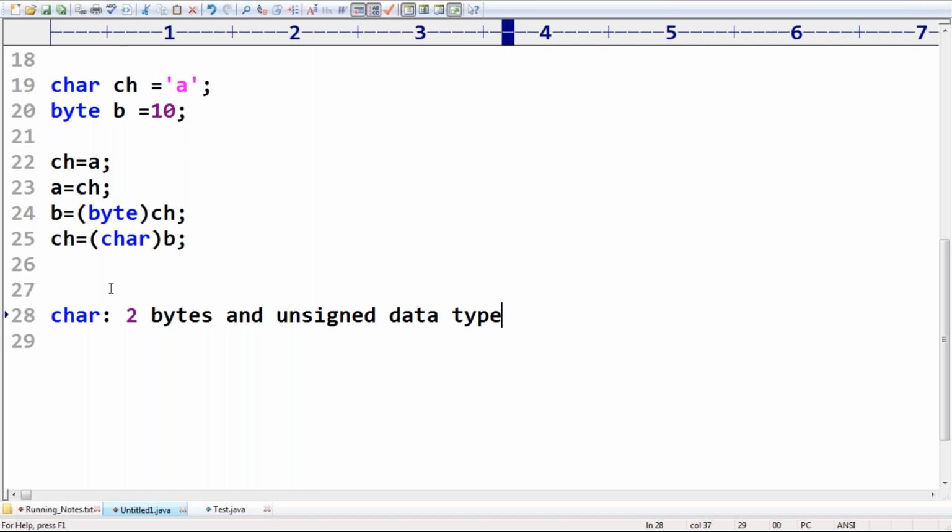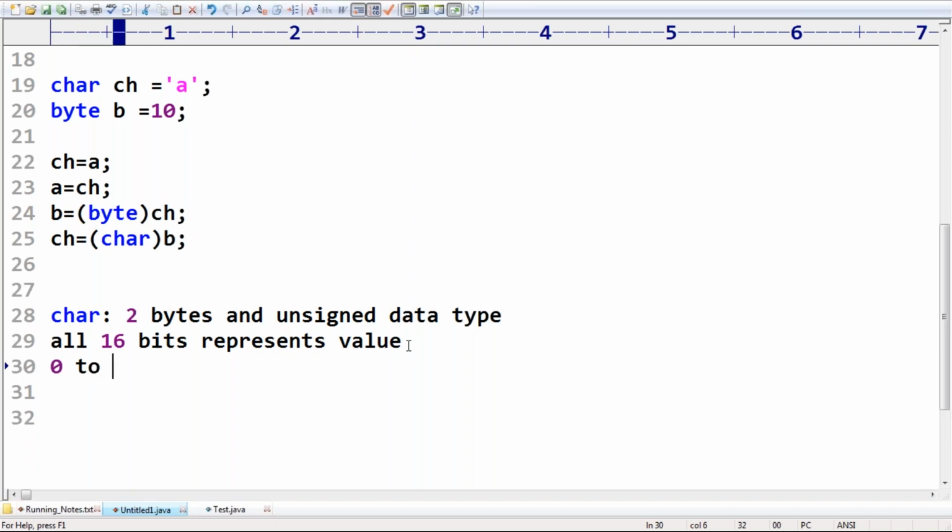In the case of char, plus or minus is meaningless; where is the question of positive and negative values? Now 2 bytes means all 16 bits represent the value. That's why the range is 0 to 65,535. Remember, this is the char story.